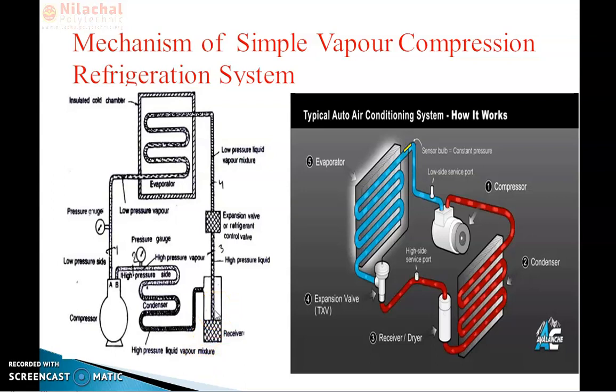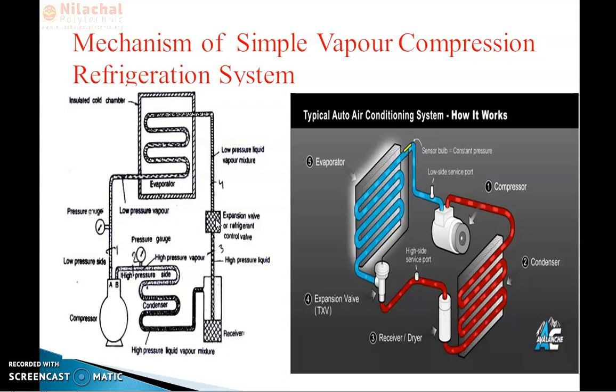In the receiver, the condensed liquid refrigerant from the condenser is stored in a vessel known as the receiver, from where it is supplied to the evaporator through the expansion valve or the refrigerant control valve.